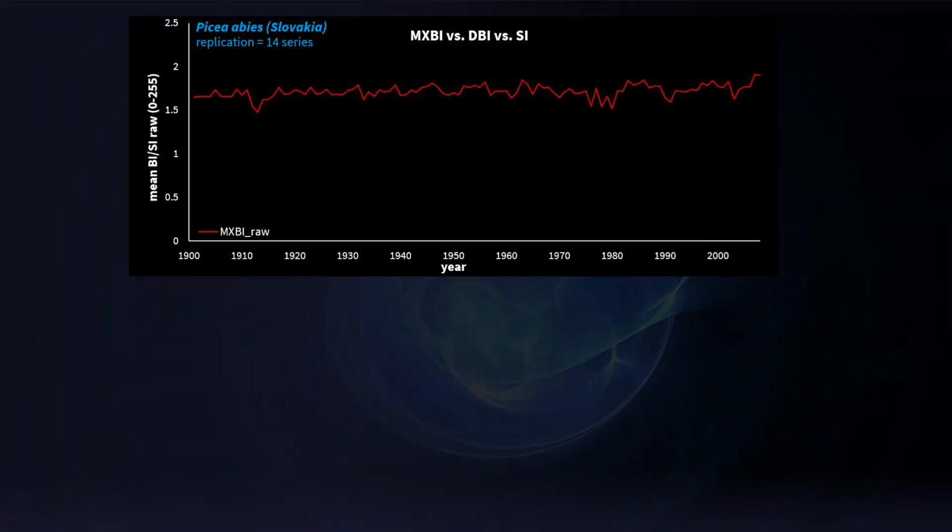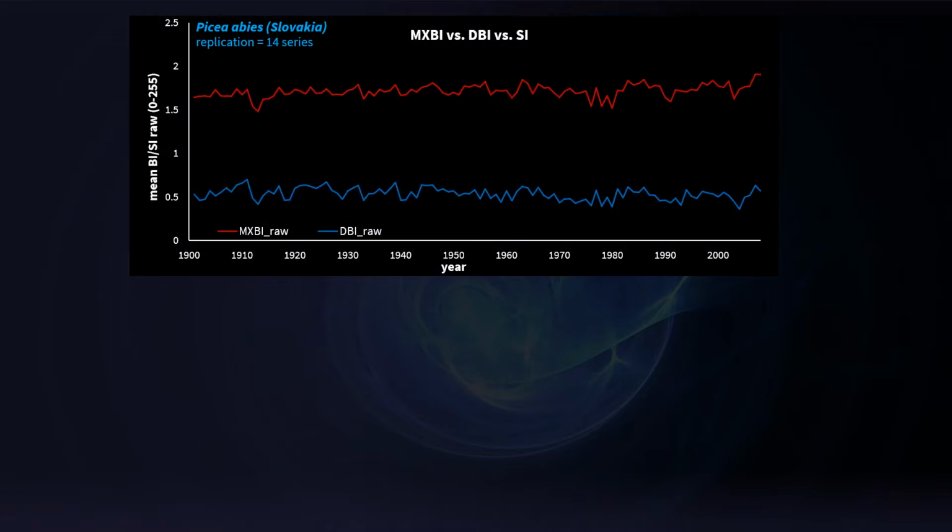We can look at an example of what the surface intensity data look like compared to blue intensity. Here we have an example of Picea abies from Slovakia with a replication of 14 series, and this is what the latewood maximum blue intensity values look like. Here is the delta blue intensity version of that, corrected for discoloration using earlywood blue intensity values.